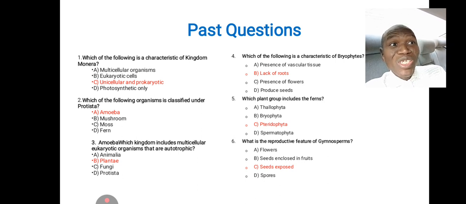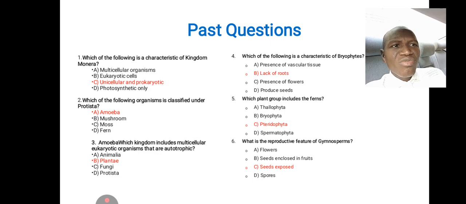So if you don't know it, you can't answer it. That's the truth. The correct answer is written in red, which is unicellular and prokaryotic. Remember, Monera is the lowest and the first kingdom before Protista, before Fungi, before Plantae, before Animalia. So don't forget our arrangement.